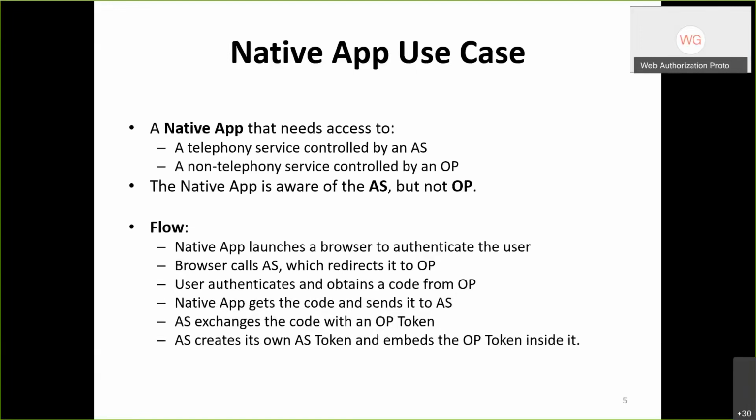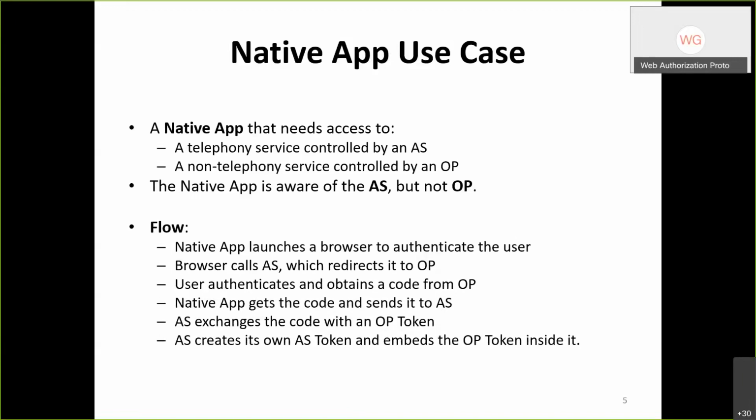The browser calls the authorization server, which redirects it to the OpenID provider. The user authenticates, and a code is provided. That code will then be provided to the native app.